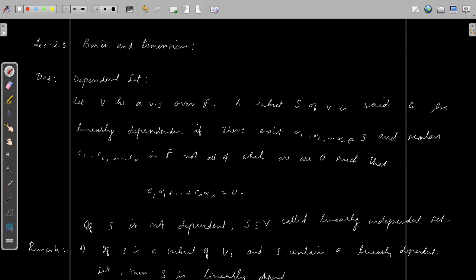That means any superset of a linearly dependent set is linearly dependent.